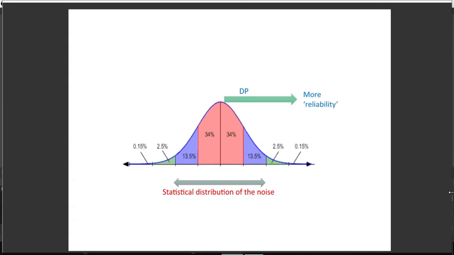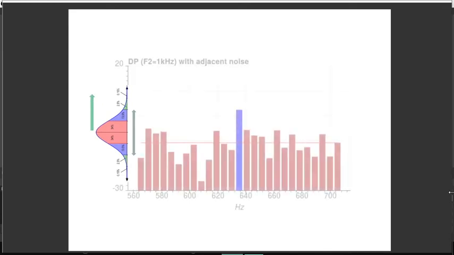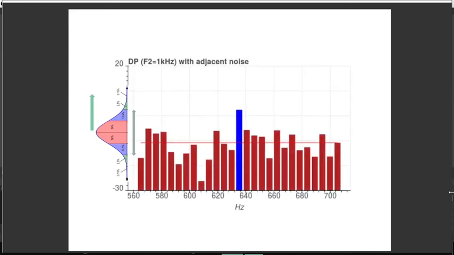So that distribution of the noise and the distance of the DP away from that mean gives us a statistical reliability function. If we now put that down the other end of the graph, you can see it plotted against that data, and the further up the blue is, the more statistically certain it is for that particular set of noise.